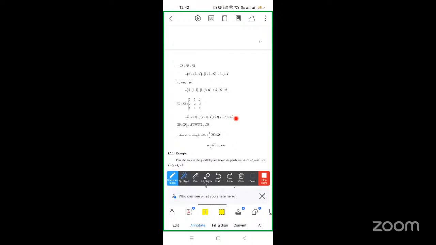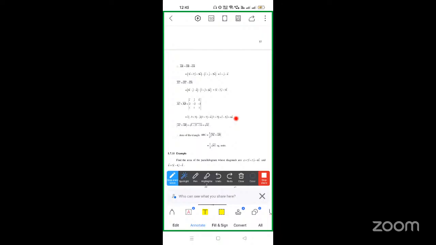So we take the modulus, or we have to find the magnitude of the above vector. So mod AC cross AB is equal to root over 1 plus 25 plus 16, which is equal to root 42. The area of the triangle is 1 by 2 times the modulus of the cross product of any two sides of the triangle. Here we are taking AB and AC as the two sides.